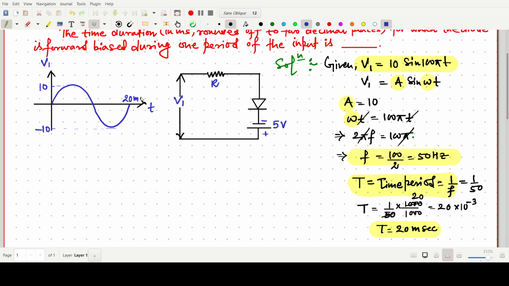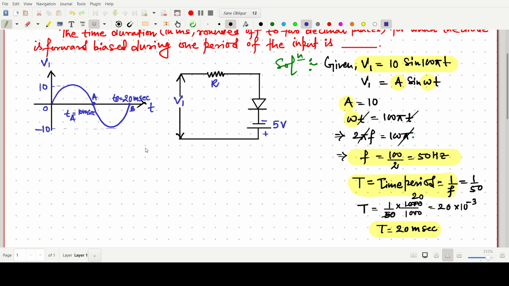This point is 20 millisecond, and this point is simply 10 millisecond, because overall this is 0 second, 10 millisecond, 20 millisecond time. Say this point is a and this point is b, so t of b is 20 millisecond. Is this clear?